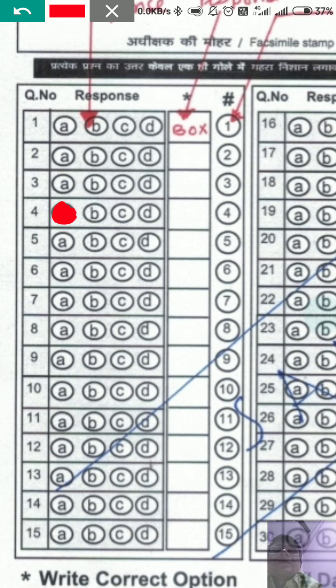Okay, and suppose its correct answer is D, just write D in the corresponding box of question number 4. So your answer for question number 4 will be marked as D, not A.